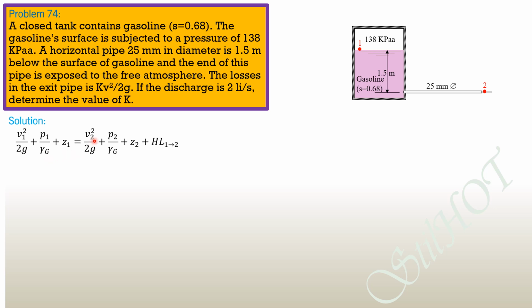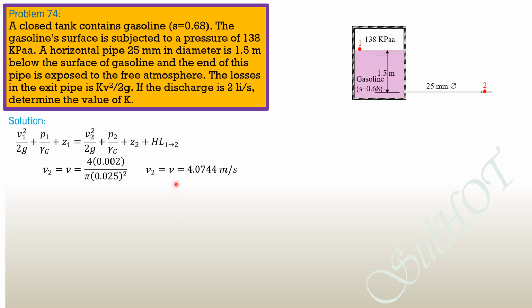And the velocity head at 2 is V squared over 2g, so V sub 2 is just V. V equals 4 times 0.002 over pi times 0.025 squared. The discharge is given as 2 liters per second, or 0.002 cubic meter per second. So V, or V sub 2, is equal to 4.0744 meters per second.